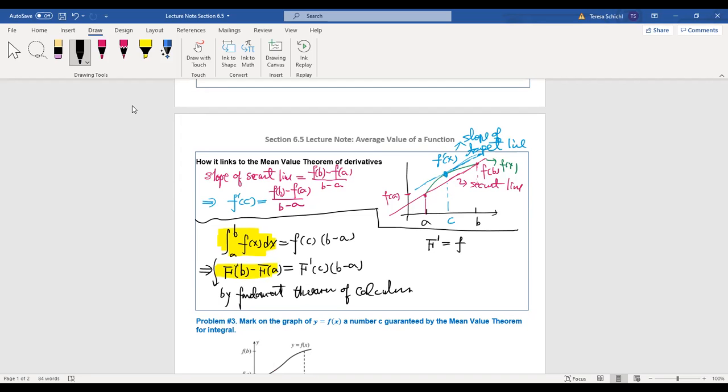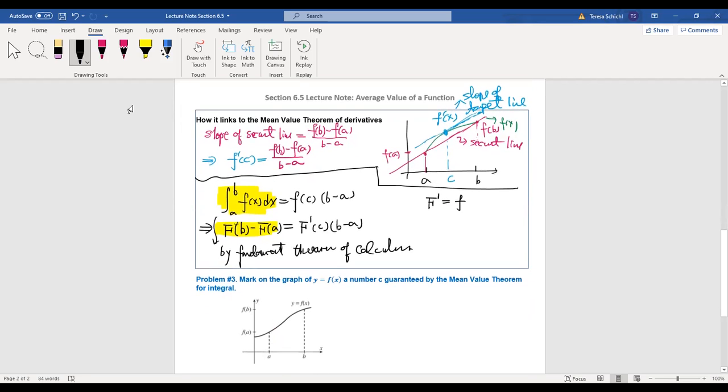So you see here that it exactly matches the term f prime c. If you get confused, just think about your f prime and this f prime are the same function here. So that's why the mean value theorem of the derivative is exactly the same as the mean value theorem of the integrals here.